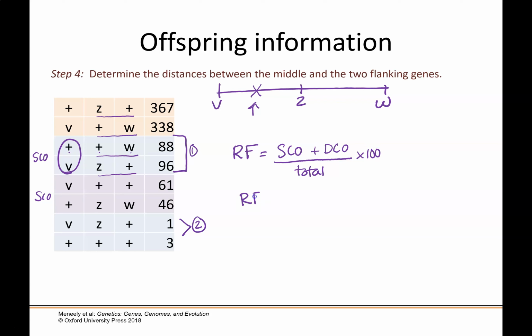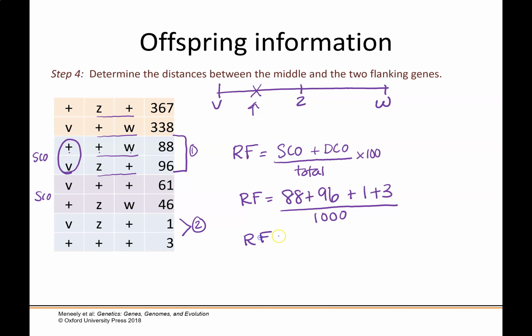So the recombination frequency here is going to be equal to 88 plus 96 plus those double crossover events, because in a double crossover event, you get a crossover event between VZ and ZW. So we need to account for those events. The total here is 1,000.